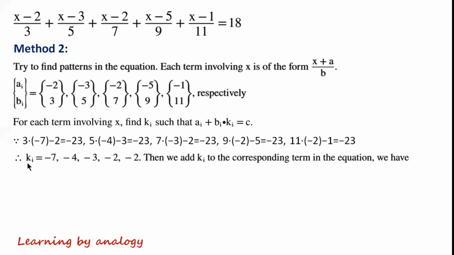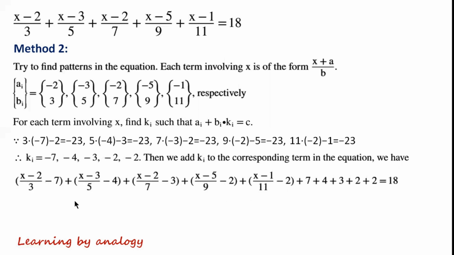So ki equals -7, -4, -3, -2, -2 respectively. Then we add ki to the corresponding term in the equation.